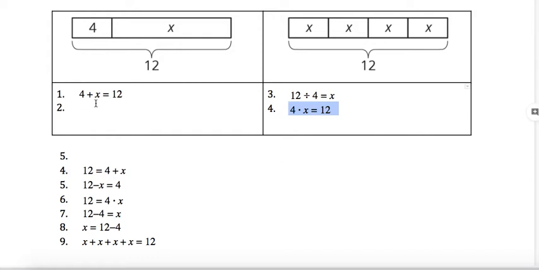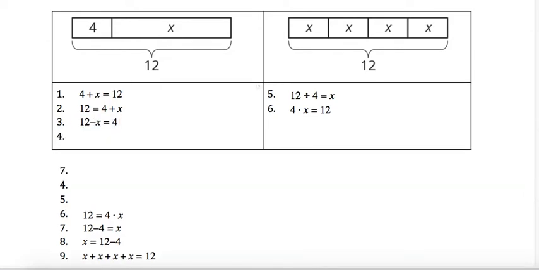We can see that these are the same, except they're switched on the sides of the equal sign. Let's see, the next one, 12 minus x leaves us with 4. So this one again goes here. Are you noticing the pattern that the addition and subtraction ones are together and the multiplication and division ones are together?